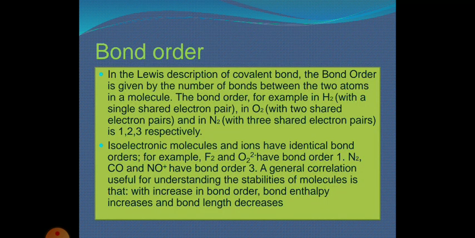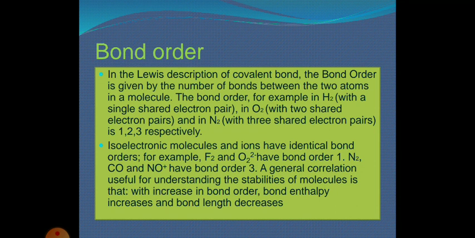Now in the next concept, bond order comes. What is meant by bond order? In the Lewis description of a covalent bond, the bond order is given by the number of bonds between the two atoms in a molecule. For example, in H2 with a single shared electron pair, it shows a single bond, hence its bond order is 1.